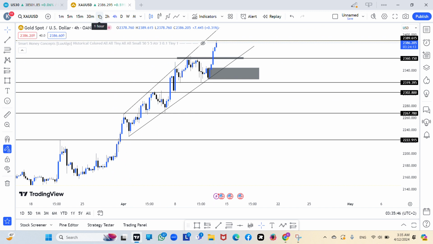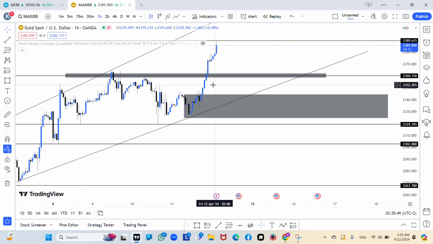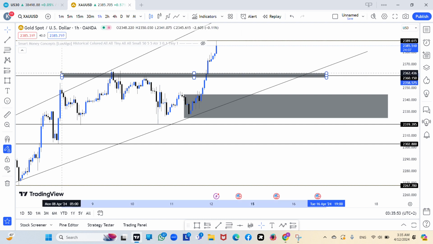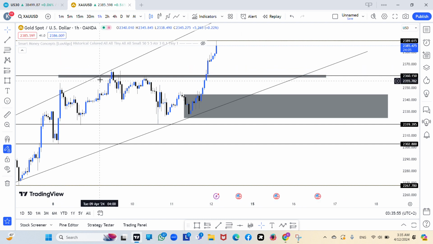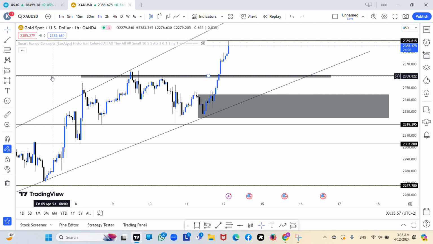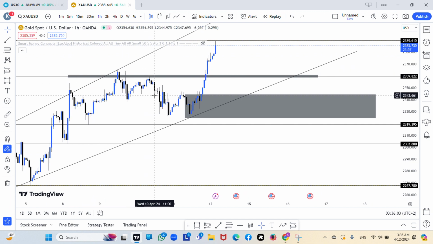So let's dig deeper to the 1 hour time frame, right? Okay, as we see, that's our support. So this zone is where we have the 4-hour demand, right?